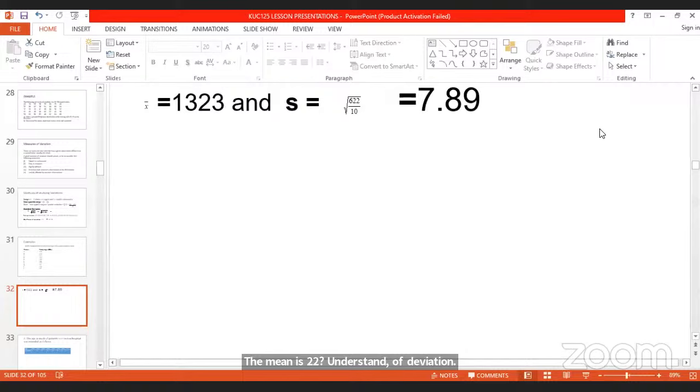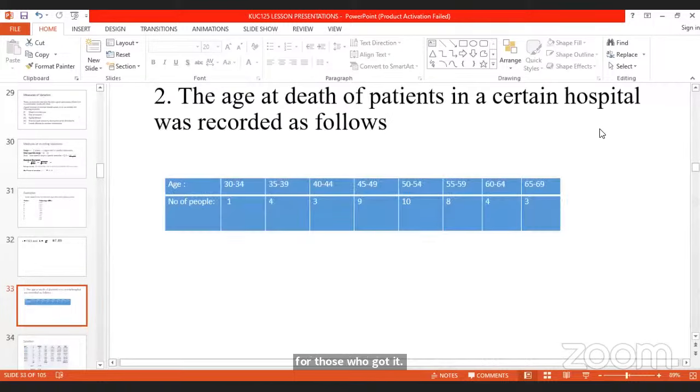Good for those who got it. Example 2. I had given you this. The age and death of patients in a certain hospital was recorded as follows. You have this example already with you.